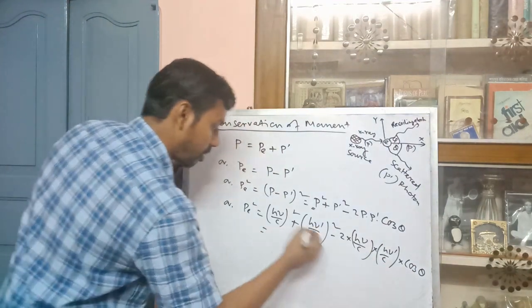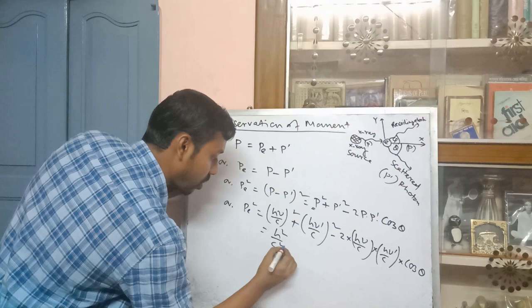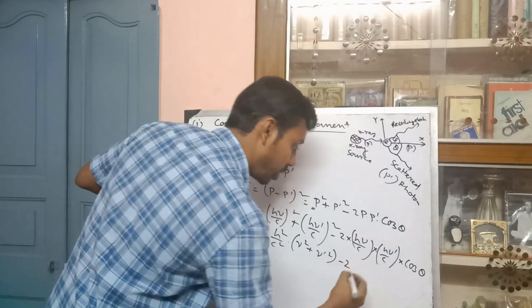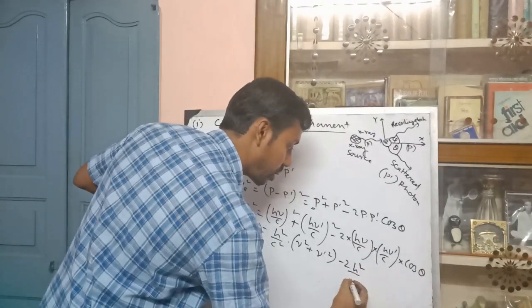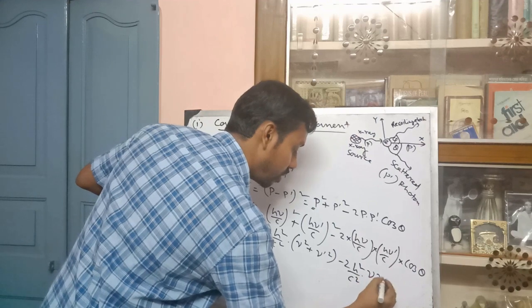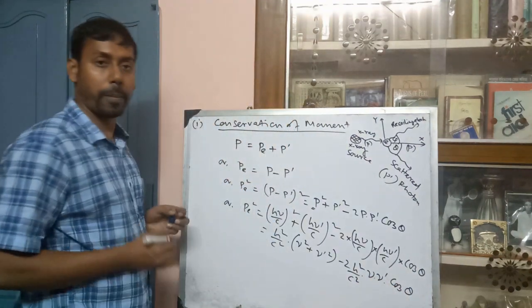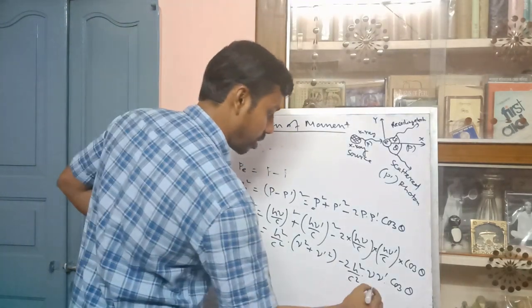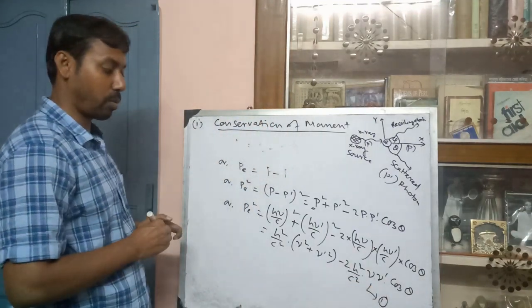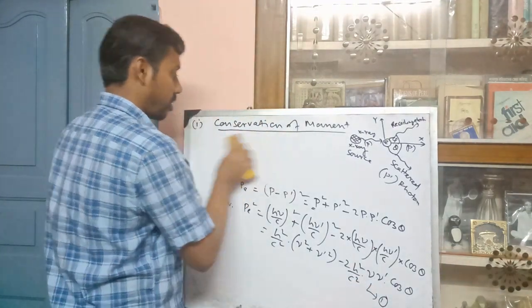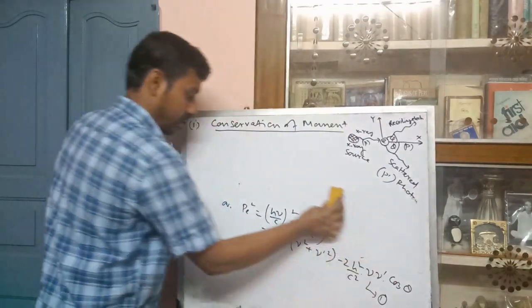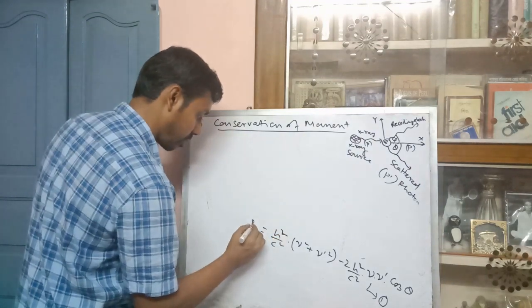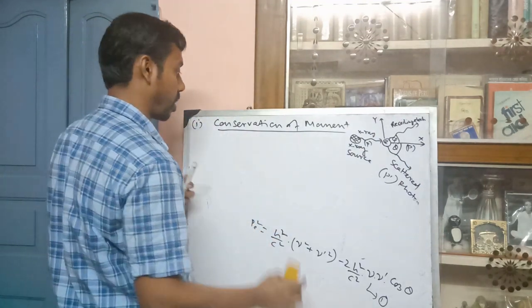That means if you take h square by c square common, that gives you nu square plus nu dash square minus 2 nu nu dash cos theta, right? So suppose this is equation number 1.